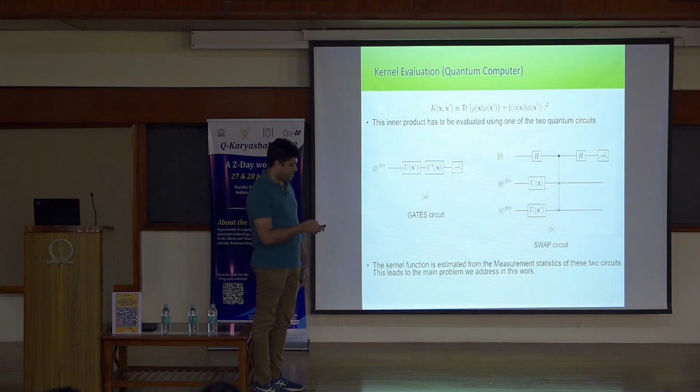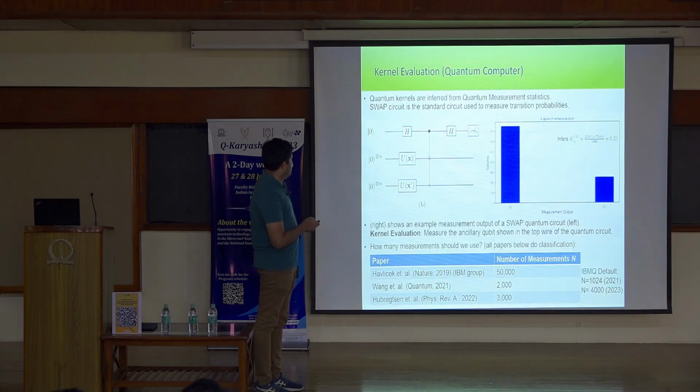For example, look at this. How do I infer the kernel? In this circuit, I measure the ancillary qubit. If I get a 0, then the kernel value is 0. If I get a 1, then the kernel value is 1. Now, I have to do it like 1,000 times. Maybe it gives me 750 times 0, some 250 times 1.